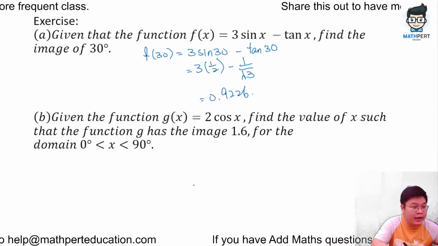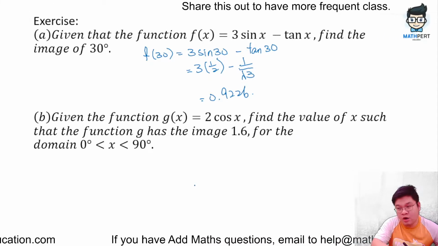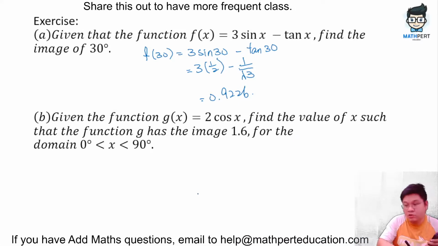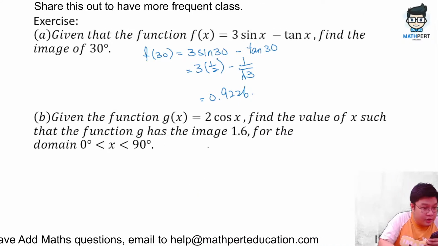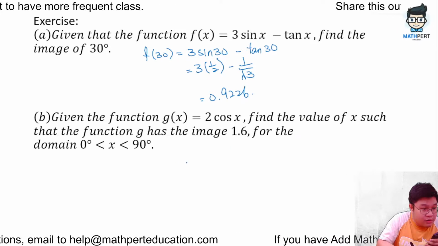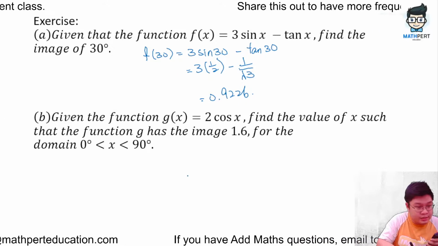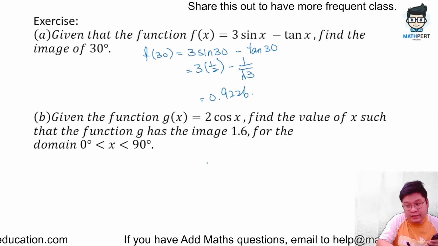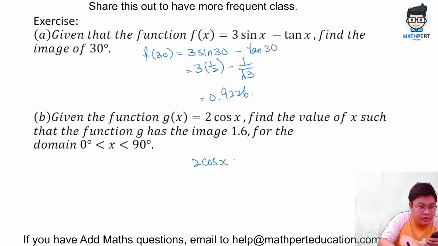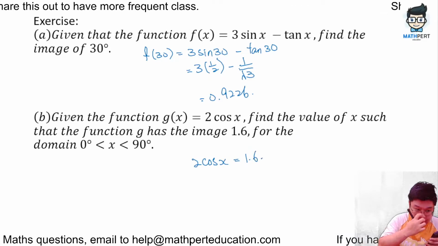So how do I do this? g(x) equals 2 cos x, and you have an image of 1.6.